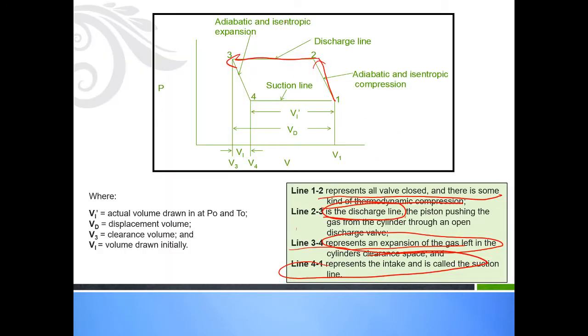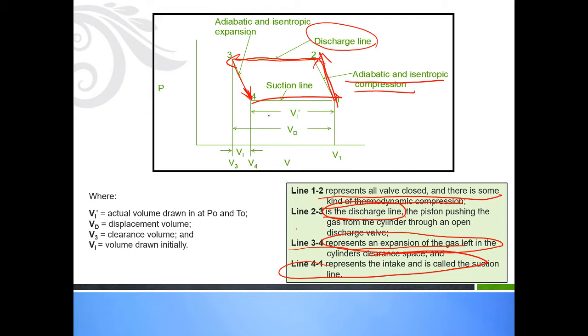So, cycle siya nangyayari. And then, yung line 1 to 2, adiabatic and isentropic compression siya. Yung line 2 to 3, discharge line. Okay? Line 3 to 4, adiabatic and isentropic expansion. And then, ito, suction line.